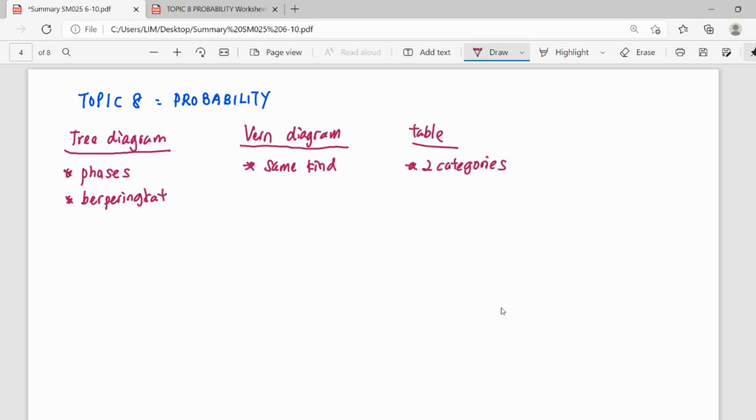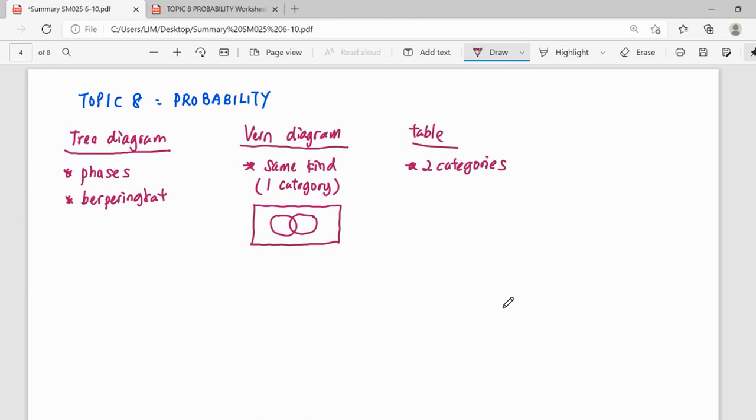In a Venn diagram you have the same kind, meaning one category, like gender. You can put in their sets, whether it is a girl or a boy. But a girl and a boy is not the right example here, because that is our special case, mutually exclusive, where you don't have an intersection. So I give you maybe the subject that you like: mathematics or physics or chemistry or biology. It is one kind of thing that we analyze.